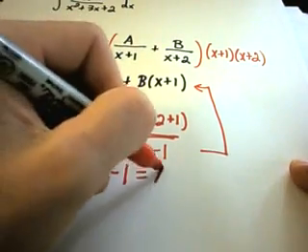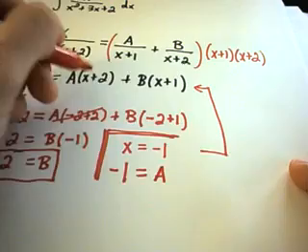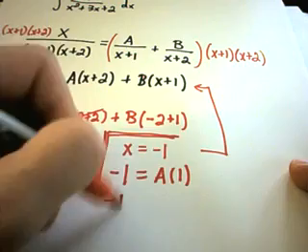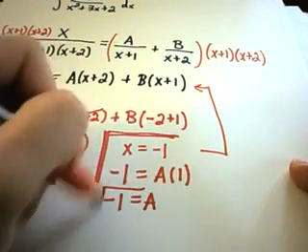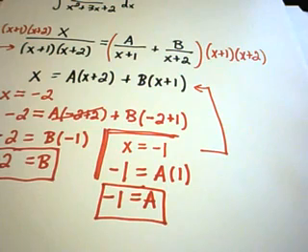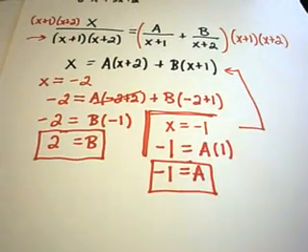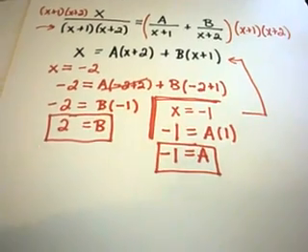The b will disappear. And you'll be left with a times negative 1 plus 2, which is positive 1. And you'll simply get that a equals negative 1. So this is kind of a little trick to figure out a and b real quickly. You have to be a little careful, but this trick basically works when you have linear terms.